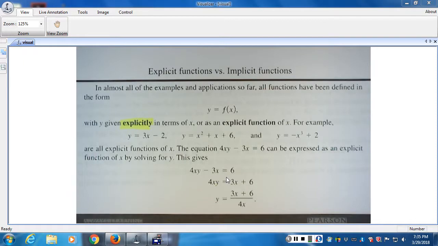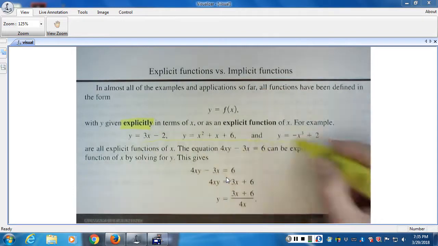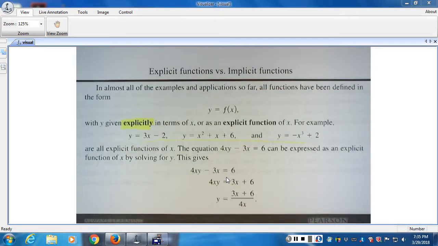When y is on one side all by itself and all the terms that have the x's in it are on the other side, that's an explicit function. These are all explicit functions. The derivatives of those are all easy derivatives to take.